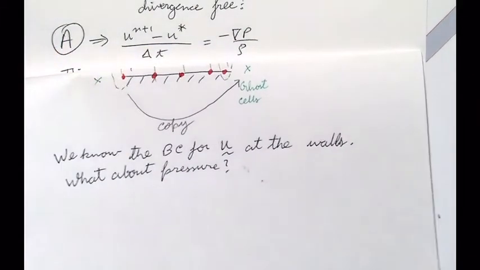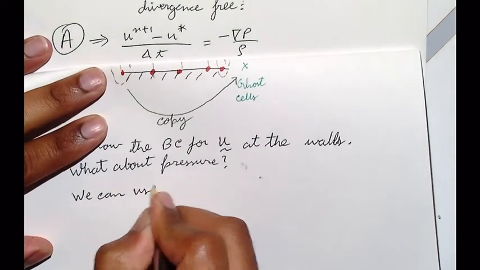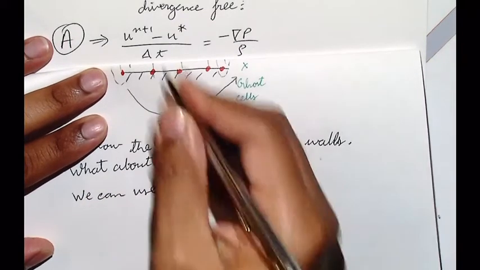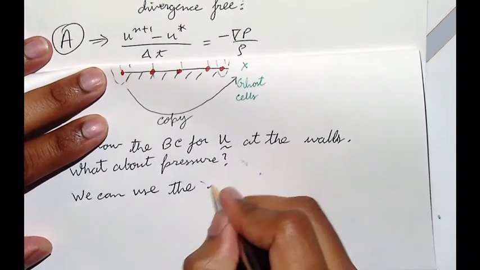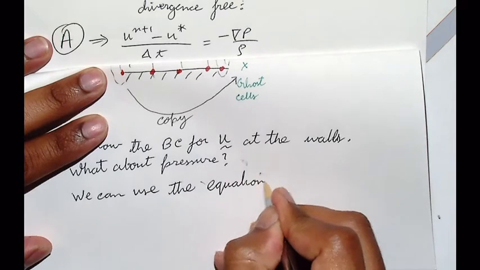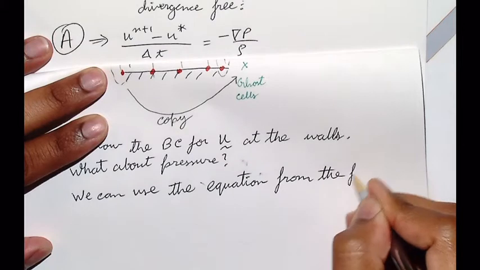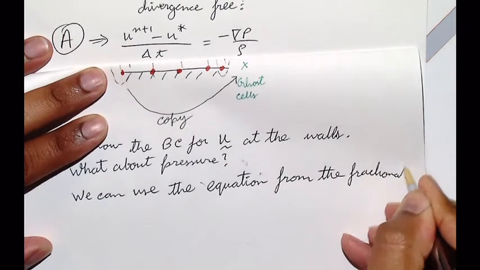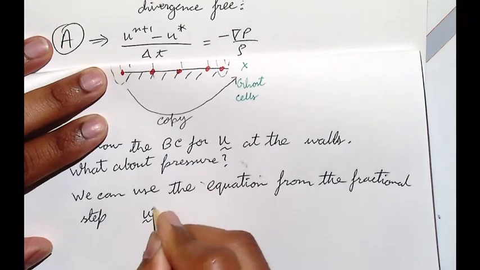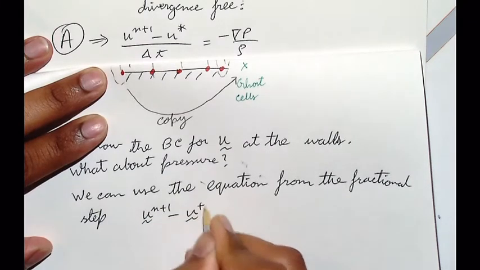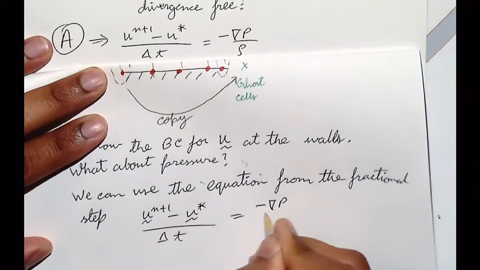So we can use the equation from the fractional step: u^(n+1) minus u star over delta t equals minus grad p over rho.